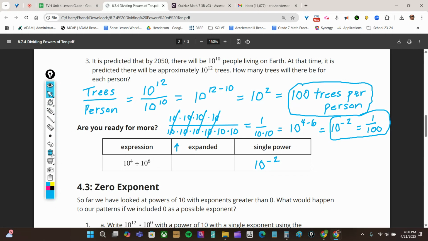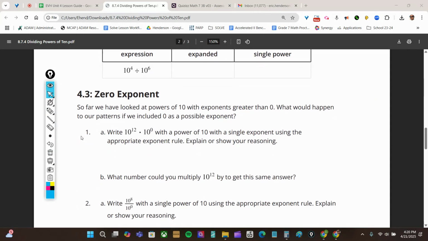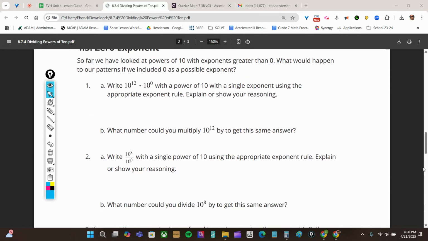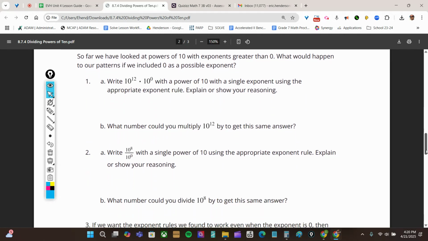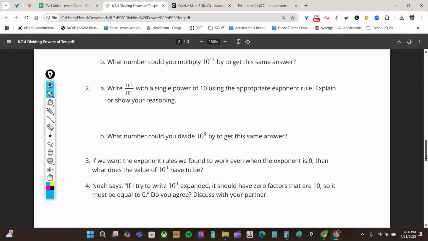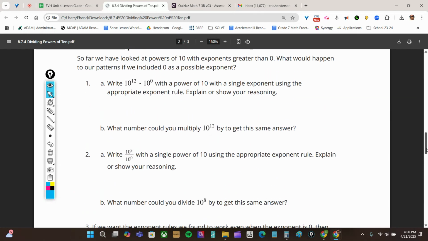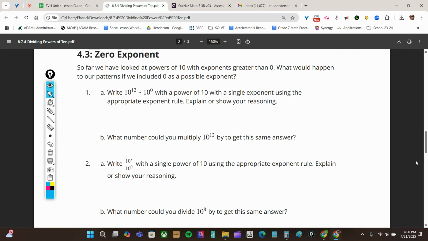Pause it if you need to. And let's go on to the next ones. Take a minute and try to figure these out. There's 4. So let's look at the first 2.